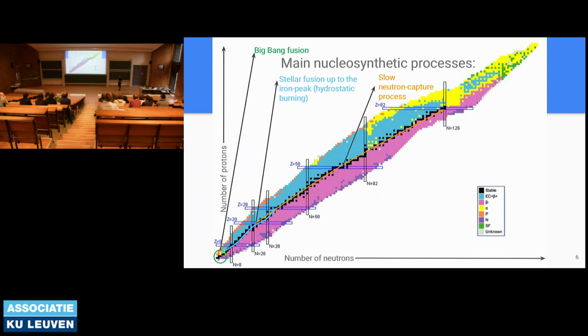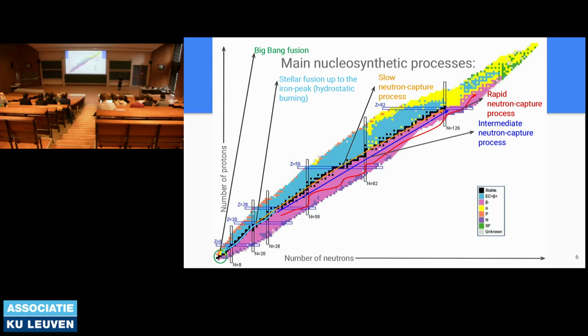In the slow neutron capture process, which stays fairly close to the valley of stability, you capture a neutron, you beta decay, you capture the next neutron, you beta decay again, and so forth, till you reach the top of the valley of stability. Then there's the next one, which people call the intermediate neutron capture process, which is the same principle, just a little bit higher flux.